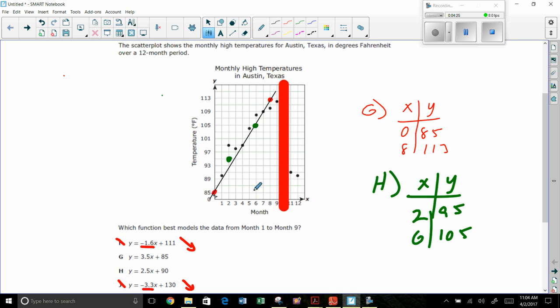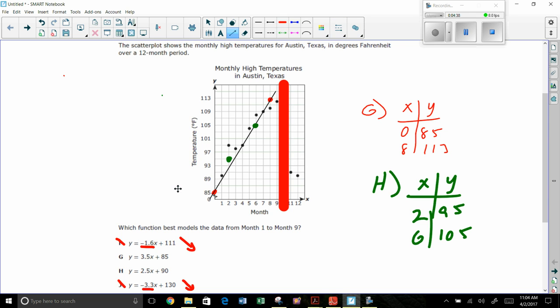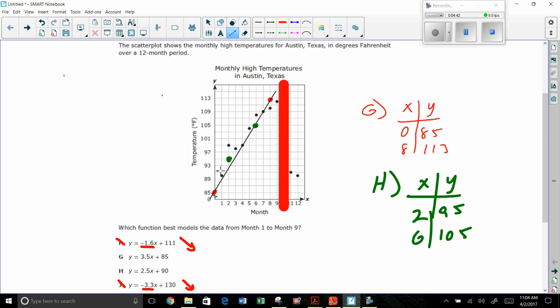Now that we have those two, we can go into our graph this time. Let's make this line red. Looking at what we have, here are my two dots. We're going to graph them, and we have that line, and we want to see which one will fit a little bit better.